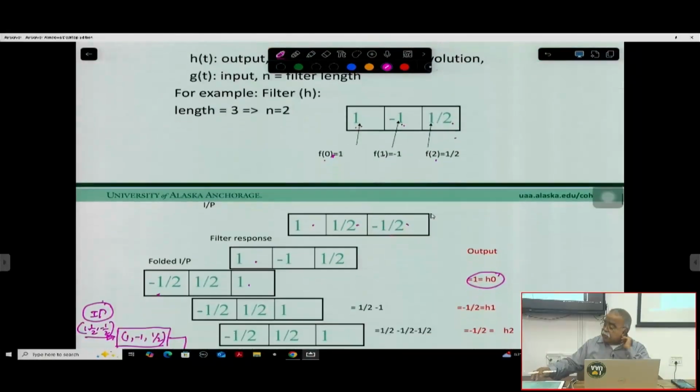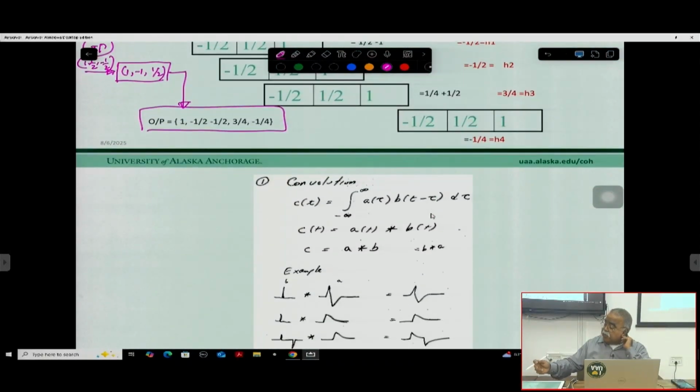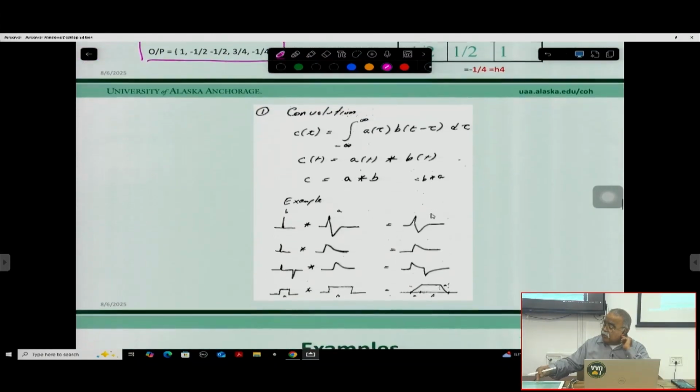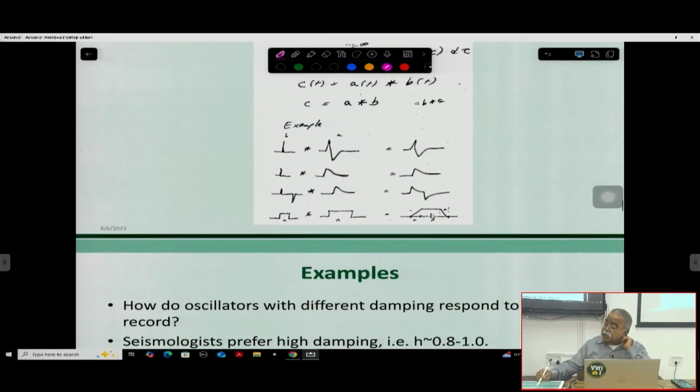Then you can do this integral and calculate these numbers, right? So this is one, the pulse will be convolved with this one, and then the output will be like this. This pulse will be convolved with this one, the output will be like this. Suppose this is convolved with this one, then the output will be like this, and so on and so forth.